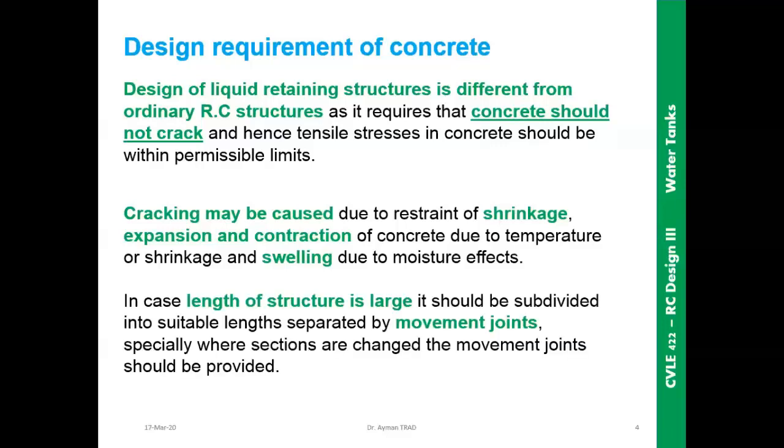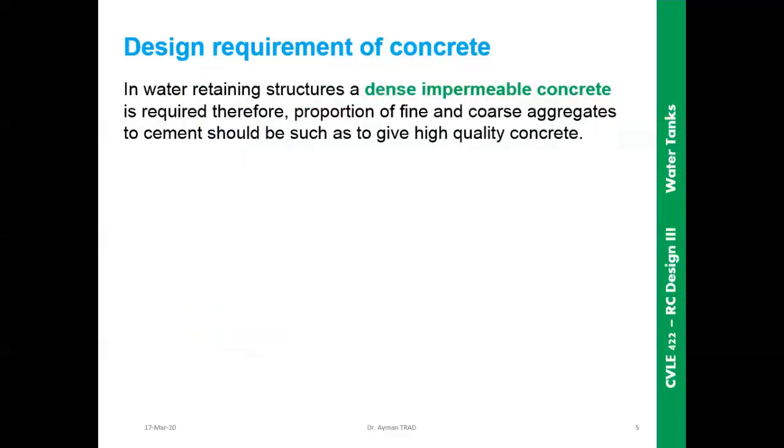How can we reduce the cracks? We'll talk about movement joints or joints in general. We see here different types of joints. When designing the concrete mix, we have to ensure a mix with less air content and less permeability, again to ensure the objective, which is containing and retaining the water inside.